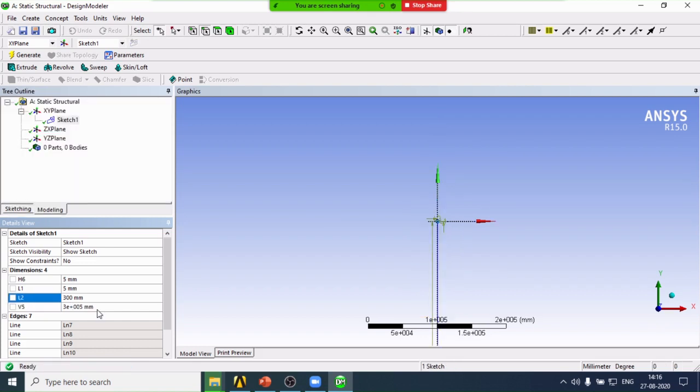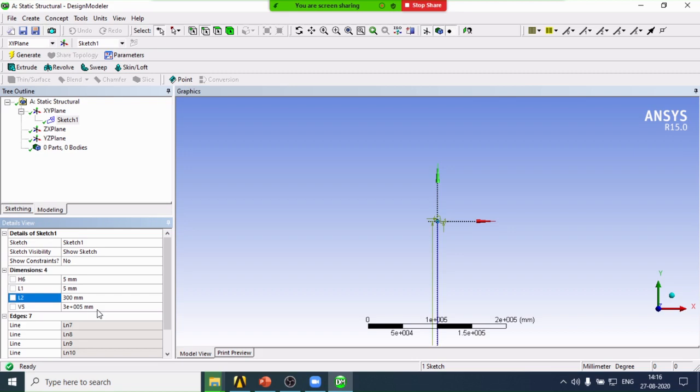This is again 300, and then I can say look at the face. This is the shape, and then you can say extrude. This extrude I'm going to give a depth of 300 mm, and then say generate. It will generate a component for you. So this is the component it has created.